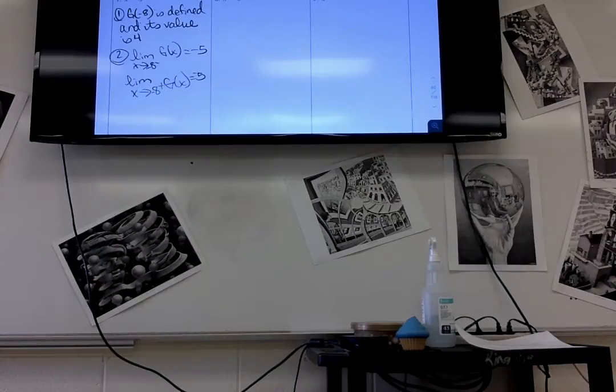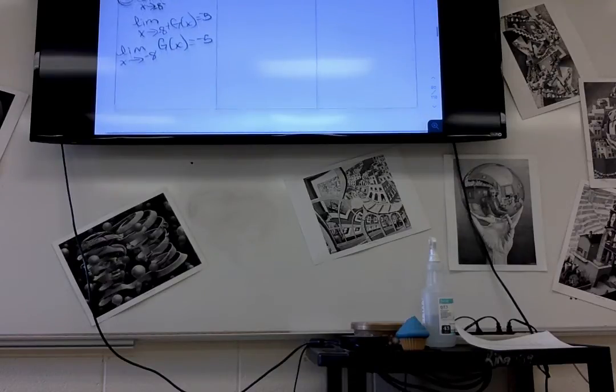And that's -5. So then that means that the limit does in fact exist. The limit as x approaches -8 of g of x is -5. Number 3, g of -8 is not equal to that limit.